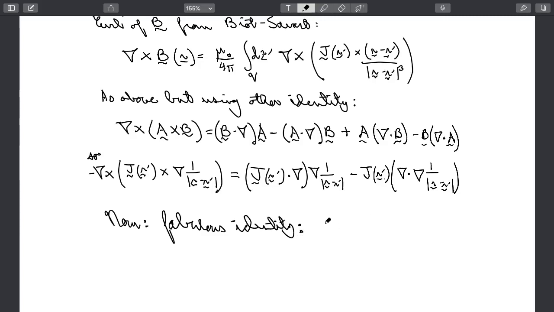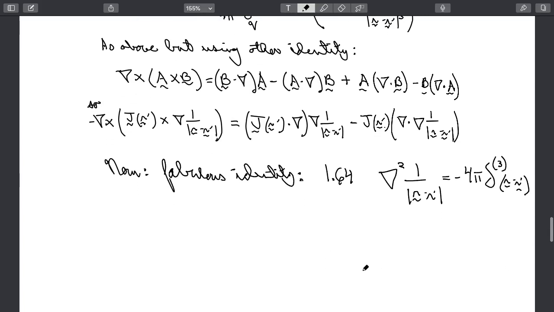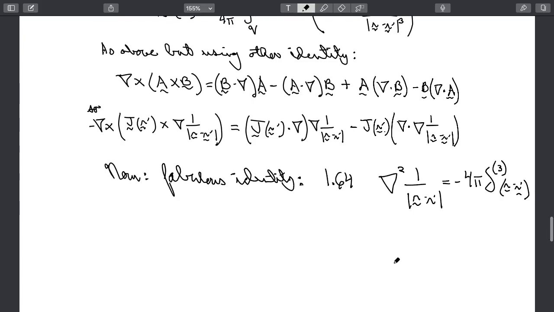So it's equation 1.64, which tells us that the Laplacian of 1 over r is just minus 4 pi the delta function in 3D of r minus r prime. Okay, so this is an identity that's in the very first chapter. It's just something that you can invoke in this case here.